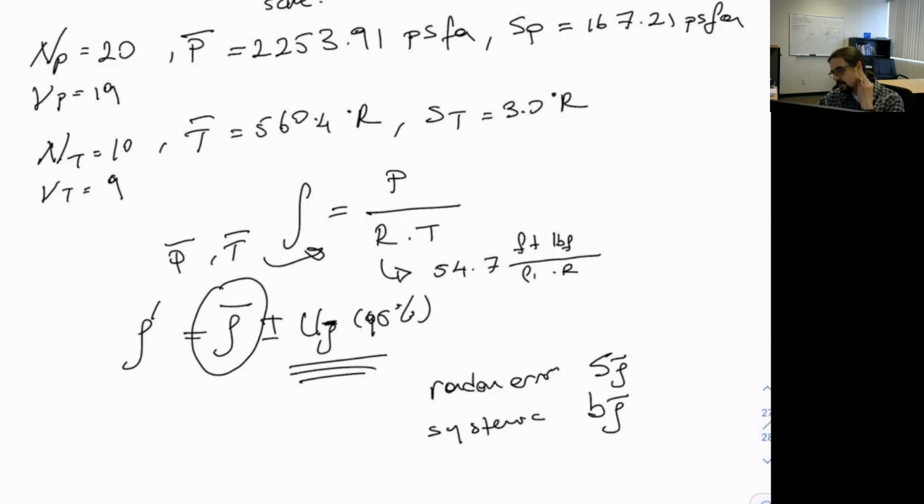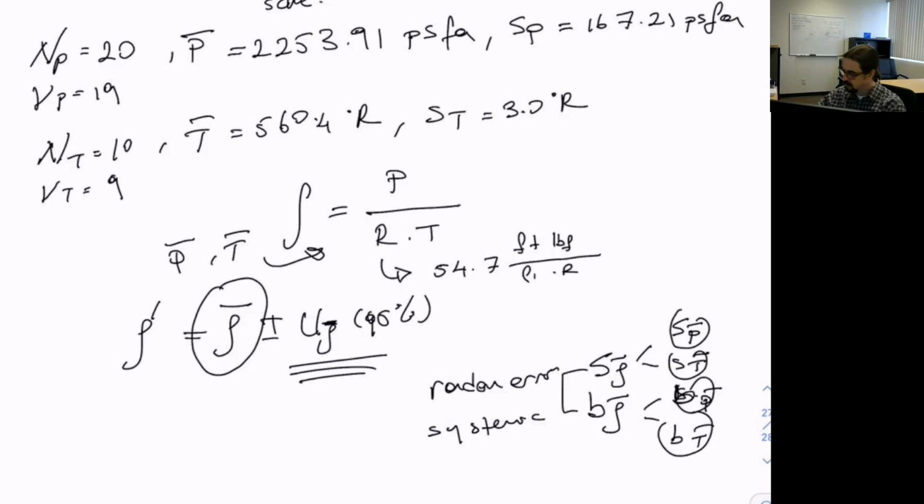S rho bar and B rho bar are the combination of S P bar and S T bar, and of B P bar and B T bar. We are going to first find these items, and then figure out how to combine these two to find U rho bar, which is the combination of both random and systematic errors.